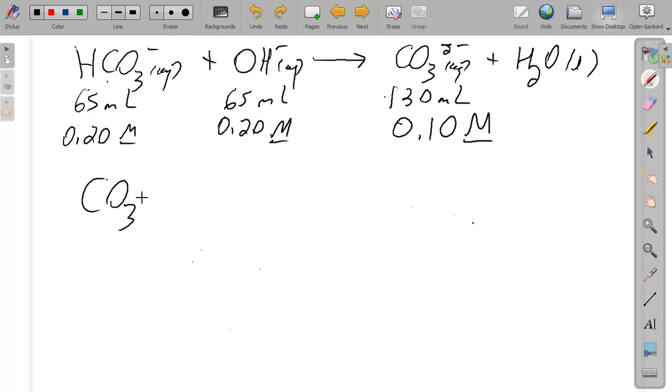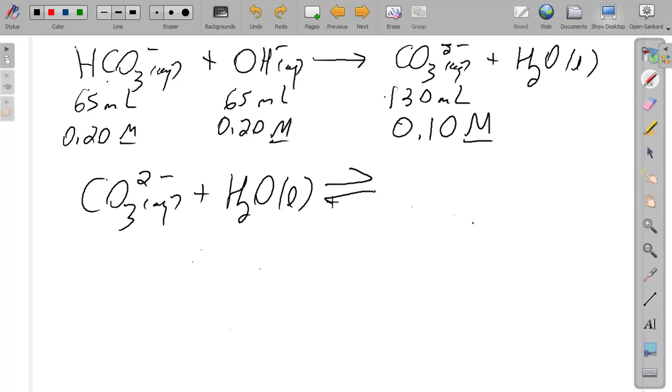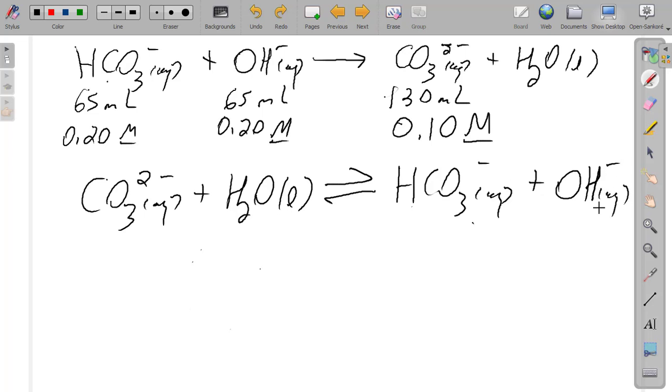So we have carbonate, 2 minus aqueous, plus H2O, liquid. Now it's going to establish an equilibrium, because carbonate's weak, with the bicarbonate and hydroxide. Oh no, we've generated hydroxide in solution. What does that mean we need for K?